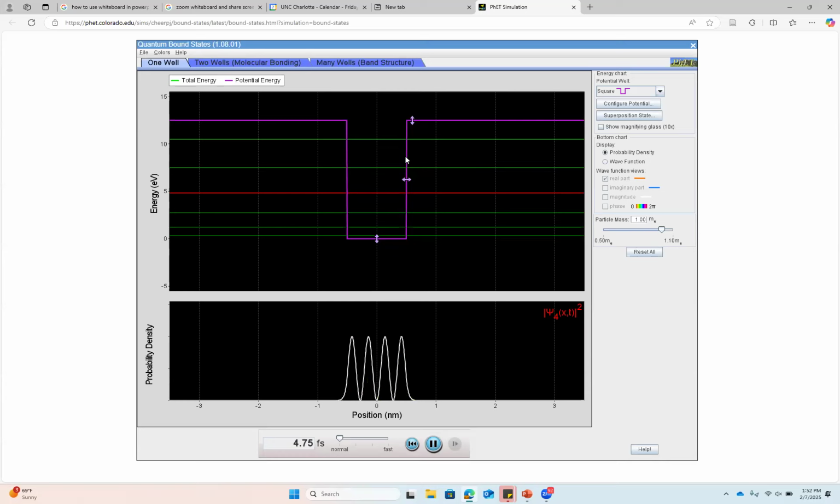So if I make this well wider, what's going to happen to those energy levels? Let's try to understand from these equations first. Let me just put it up.